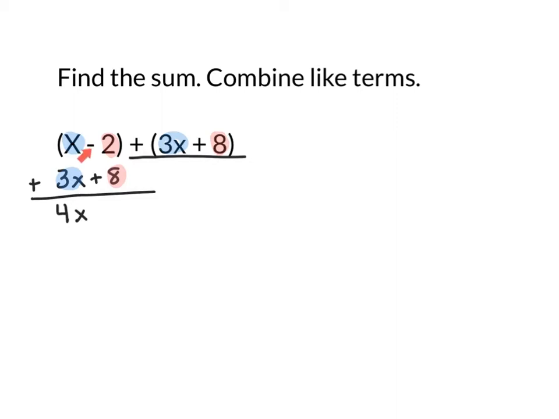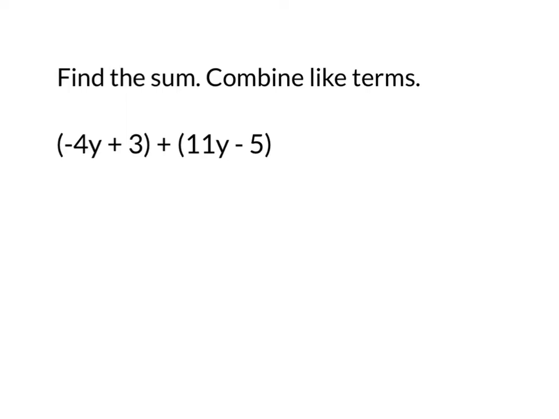Now this one we read as negative 2. Negative 2, and we're adding positive 8. Our sum is positive 6. So I'll write this out as our rewritten expression and as our sum, 4x plus 6.